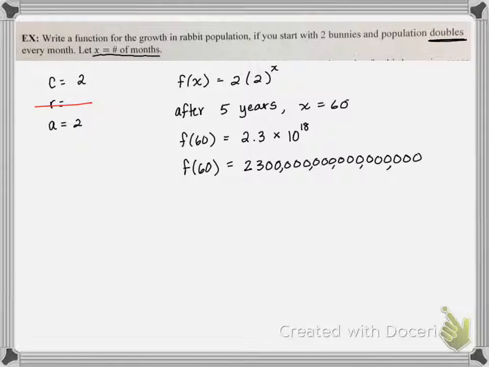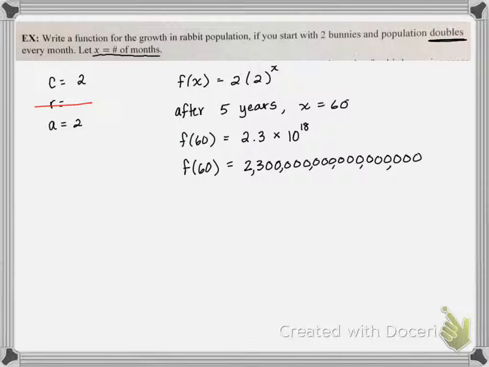Quadrillion, I think it is. And I'm not sure what happens after quadrillion. Quintillion seems reasonable. So 200 million, billion, trillion, quadrillion, quintillion, and then hexillion. 2.3 hexillion rabbits.